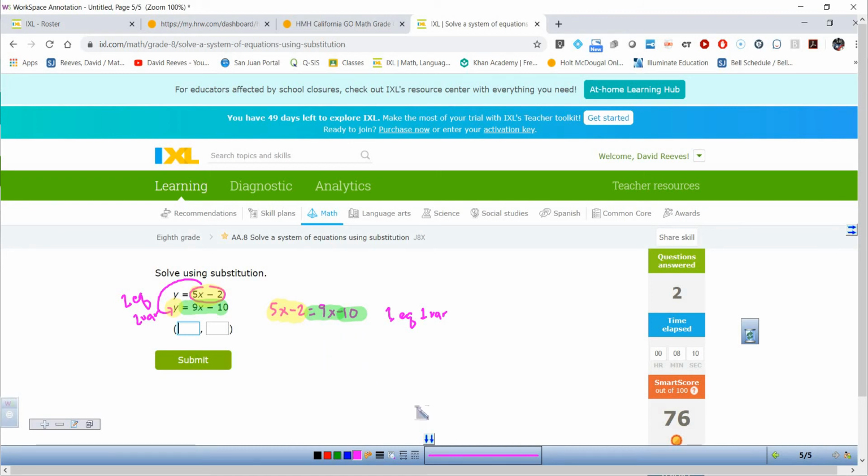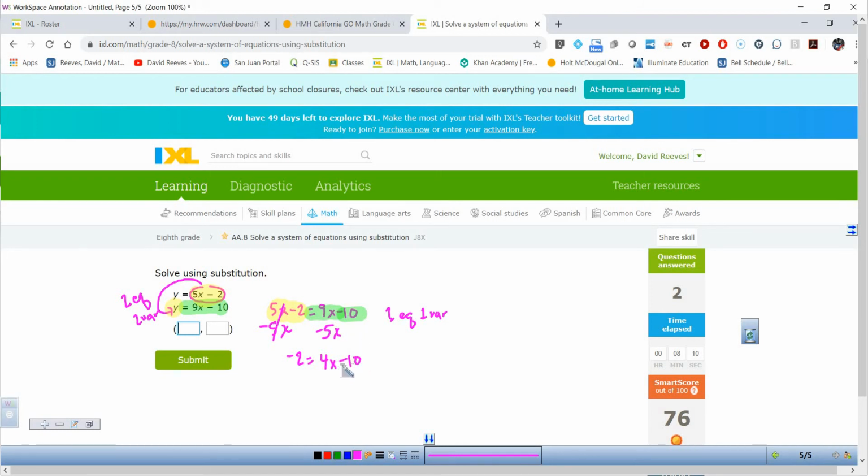All right, so what am I going to do? When you have variables on both sides, you need to get them on the same side. And if you've been paying attention to Mr. Reeves, he always recommends that you subtract the smaller value of the variable, in this case 5x, from the larger value, right? So I get -2 equals 4x minus 10.